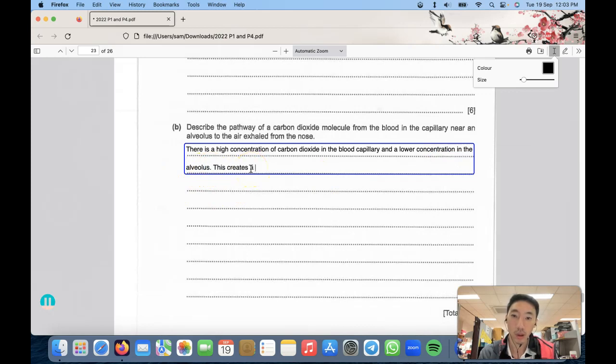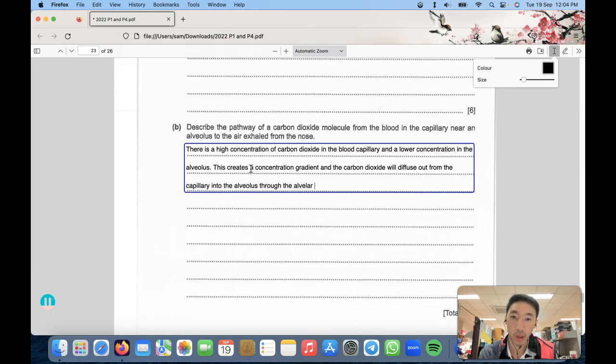This creates a concentration gradient, and the carbon dioxide will diffuse out from the capillary into the alveolus through the alveolar wall, which is one cell thick.